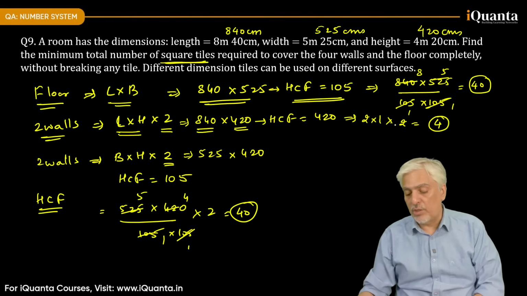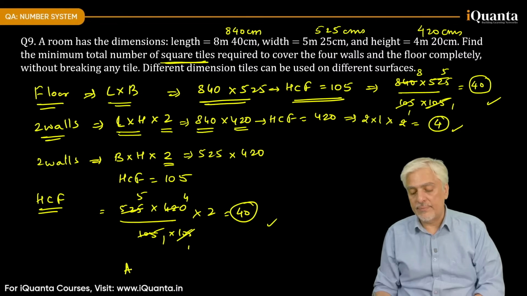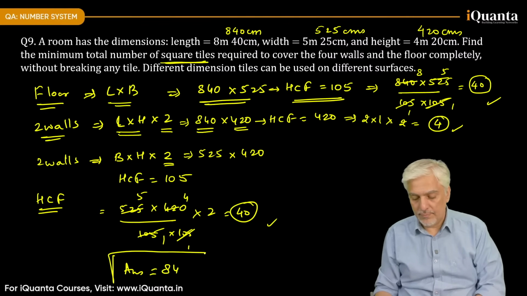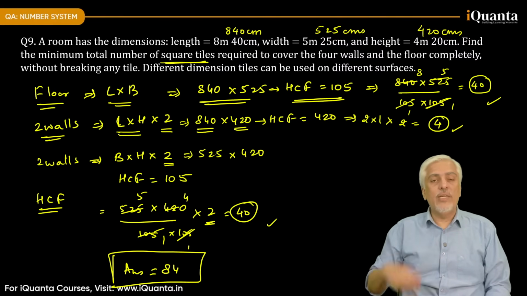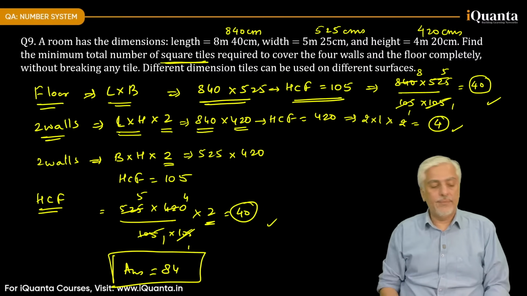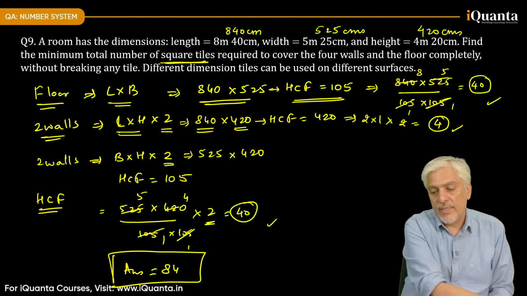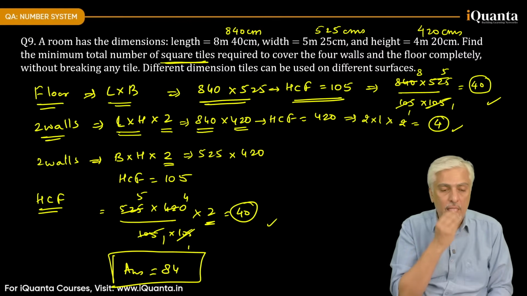Total number of tiles 40 plus 40 plus this 4, 84 tiles. Into 2 को मत भूलना because 4 walls है totally. 2 length के साथ 2 breadth के साथ, 84 tiles. Yeah.